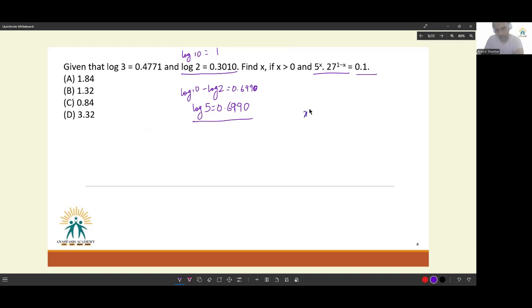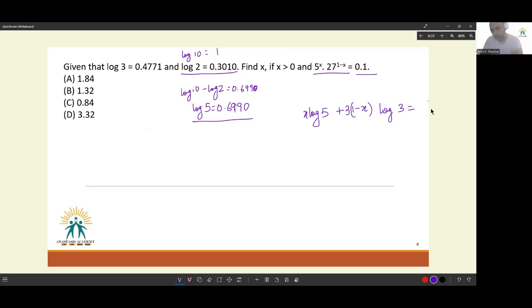So I will have x log 5 plus 1 minus x log 27, which I can rewrite as 3 raised to the power 3. So this 3 will come out here and I'll be left with log 3.